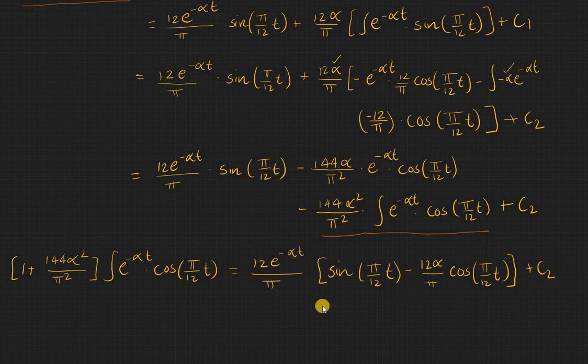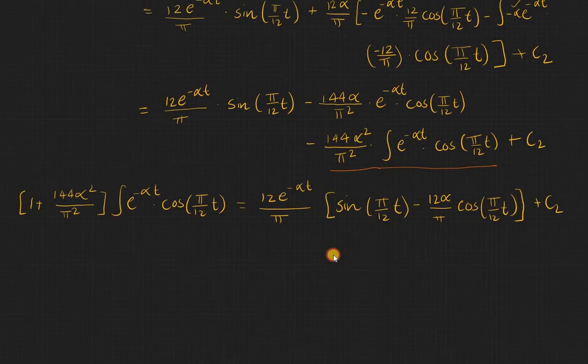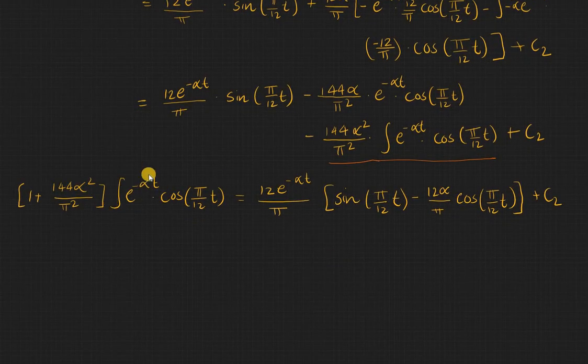So we can again further simplify this, because at the end we want the solution for the integral of e to the power minus alpha t into cos of pi over 12t, which we can substitute in our solution with the integration factor.